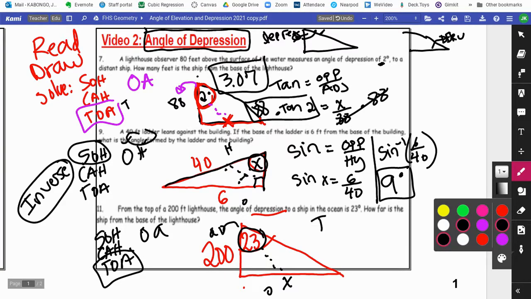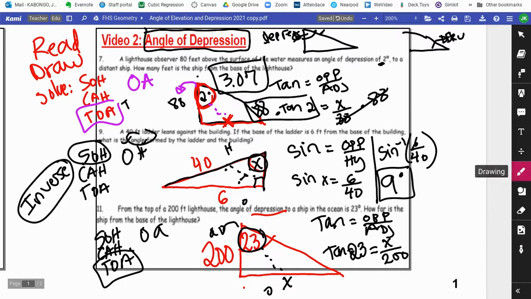So here it'd be tangent. TOA means tangent equals opposite over adjacent. And in this case, we should have tangent of 23 equals opposite, x, over adjacent, 200. So you're going to times by 200 here, and you times here by 200. 200 tangent 23.